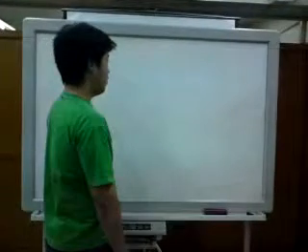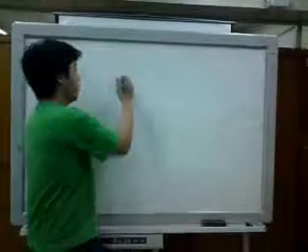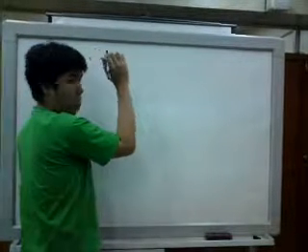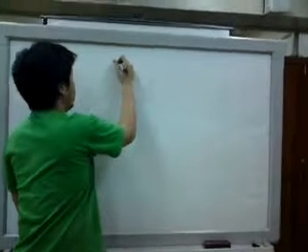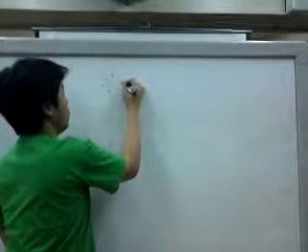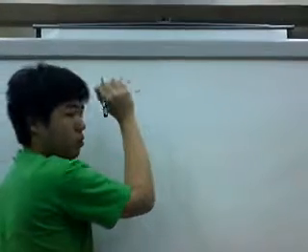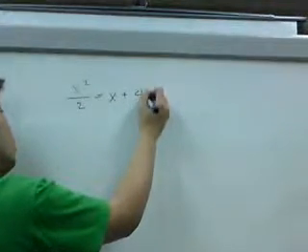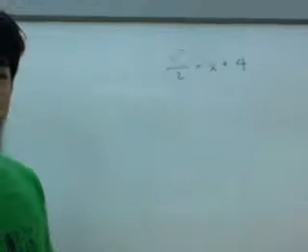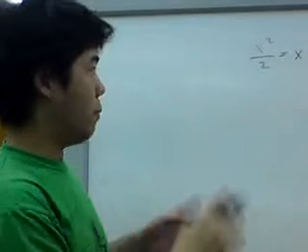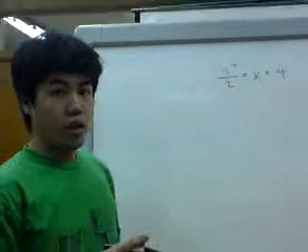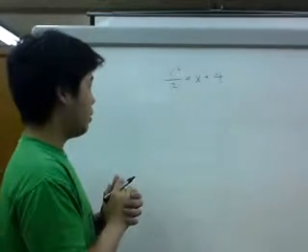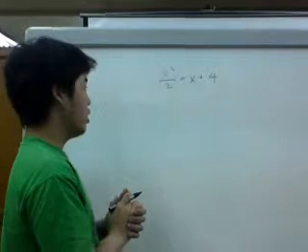For our example, let's have something simple. x squared over 2 equals x plus 4. The first step is to check if the equation needs to be simplified. For this equation, it actually needs to be simplified because there is a fraction.